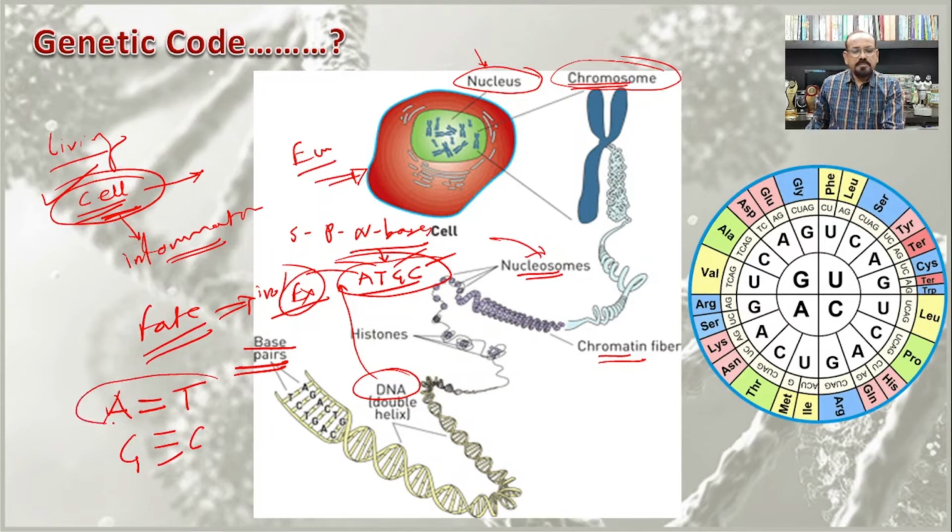Such pairing on the DNA is known as complementary nitrogen base pairing. Both the strands are joined with each other by hydrogen bonds between the complementary nitrogen bases. If on one strand there is A, on the other strand there will be T. If on one strand there is G, on the other strand there will be C, and vice versa.